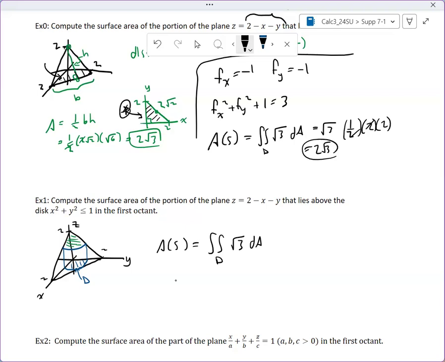And then, of course, this is just square root of 3 times the area of this little quarter circle of a circle of radius 2. Well, a circle of radius 2 has whole area of 4 pi, and then we're taking a quarter of that.